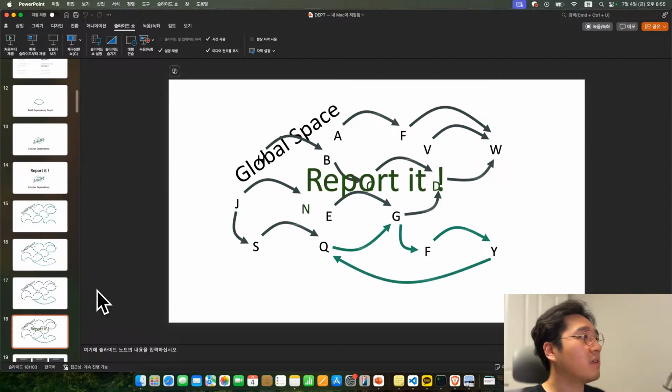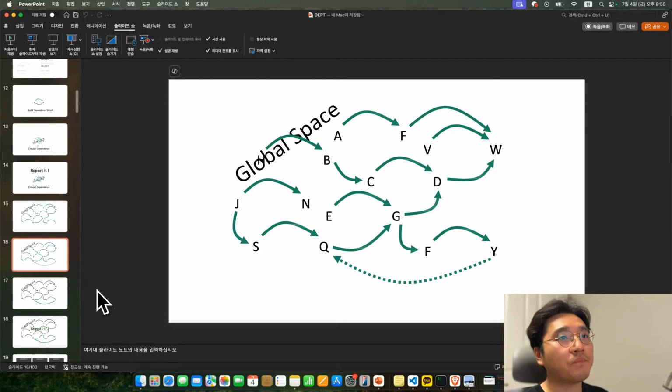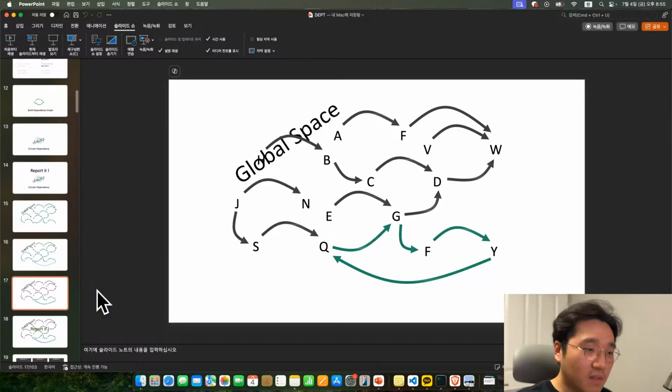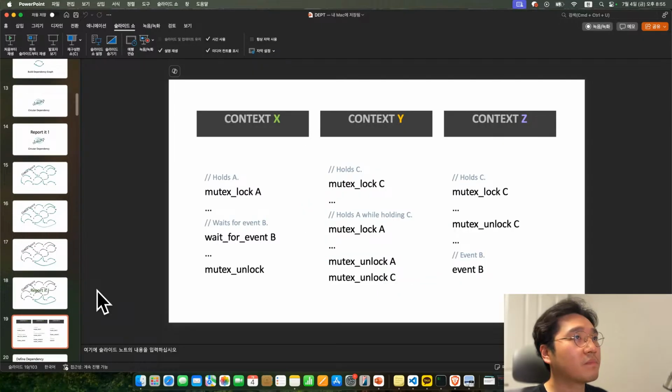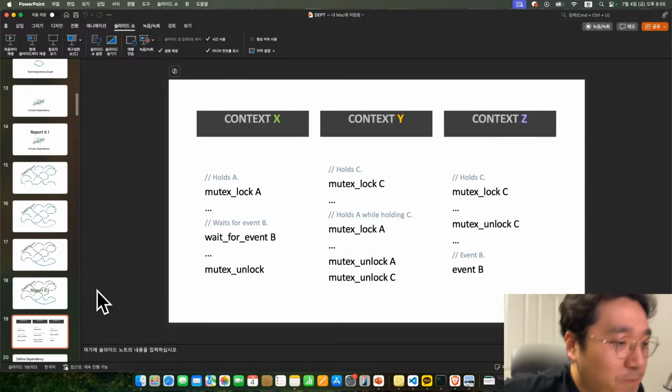I explained there are new dependencies here, and this makes a circular dependency from Y to Q and so on.